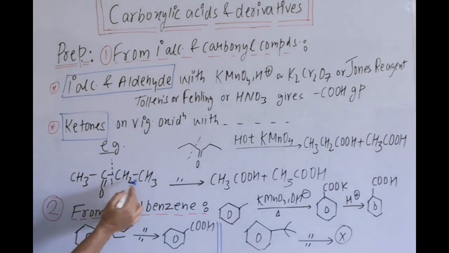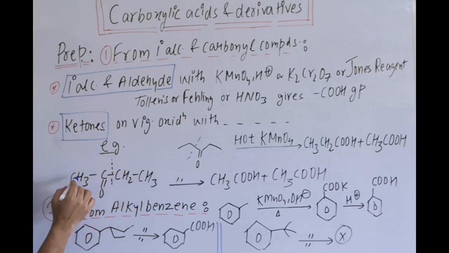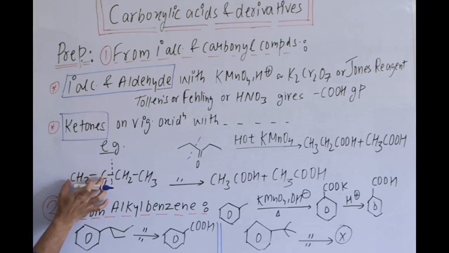Example second, here it is an unsymmetrical ketone. Whenever an unsymmetrical ketone is there, from which side will it majorly be cleaved? Where more alkyl part is present, from that carbon we will cleave the bond. Or you can remember it this way: where the smaller alkyl group is present, with that smaller alkyl group the C double bond O retains, and then the bond is cleaved.